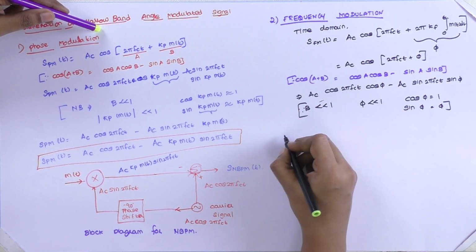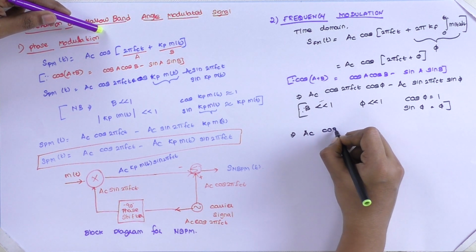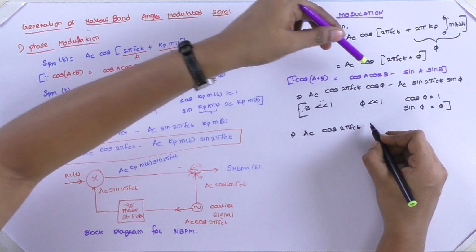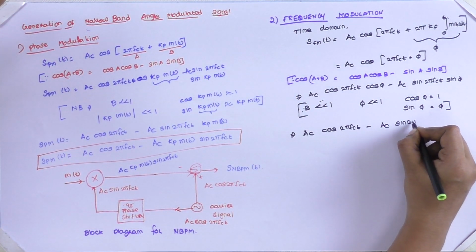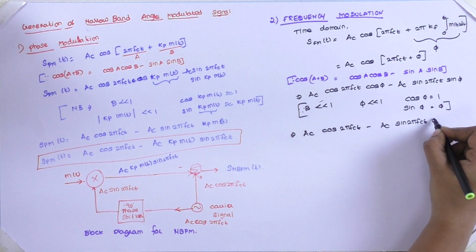Therefore, by substituting this, the above expression can be reduced to AC cos 2 pi fct, this whole term will become 1, minus AC sin 2 pi fct, this whole term will become phi. Therefore, phi.